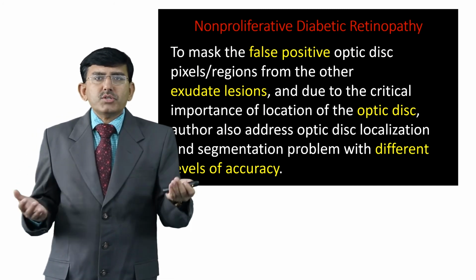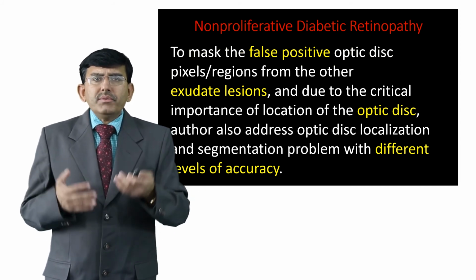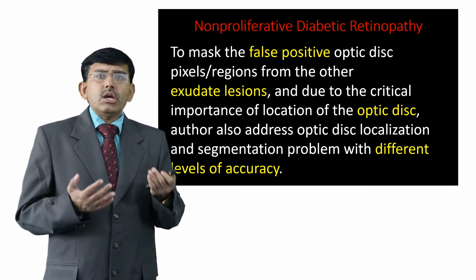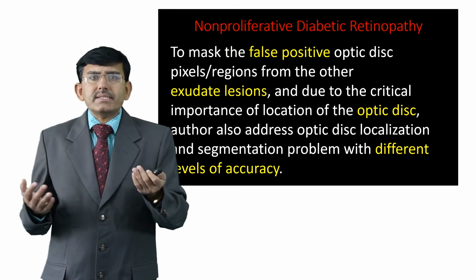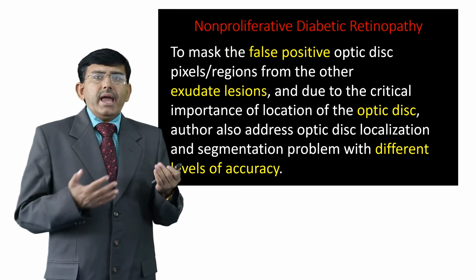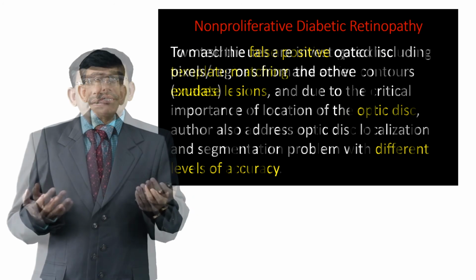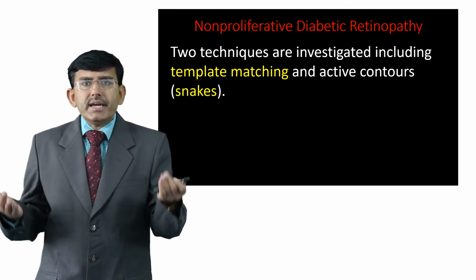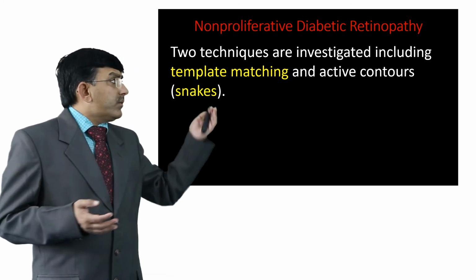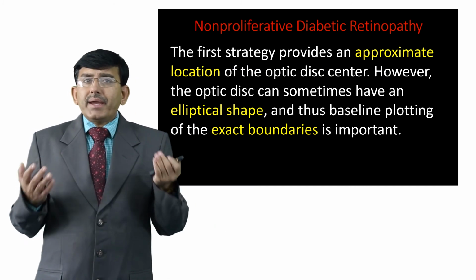To mask the false positive optic disc pixels or region from the other exudate lesions, and due to the critical importance of the location of the optic disc, the author also addresses the optic disc localization and segmentation problem with different levels of accuracy. Two techniques are investigated including template matching and an active contour based technique, sometimes also called the snake mechanism.